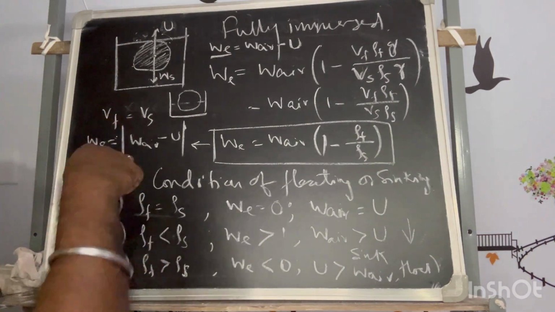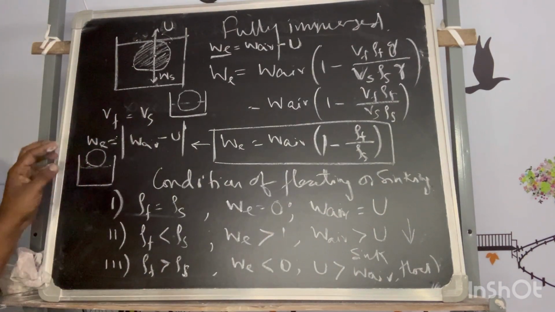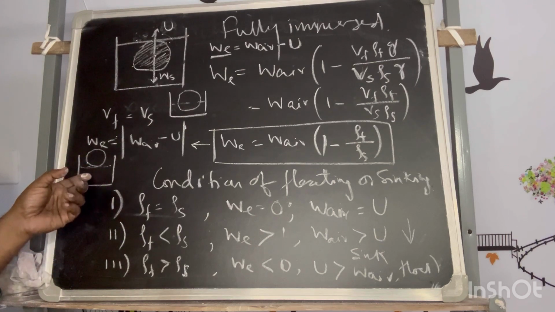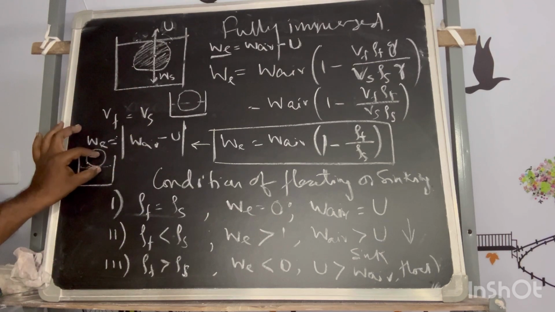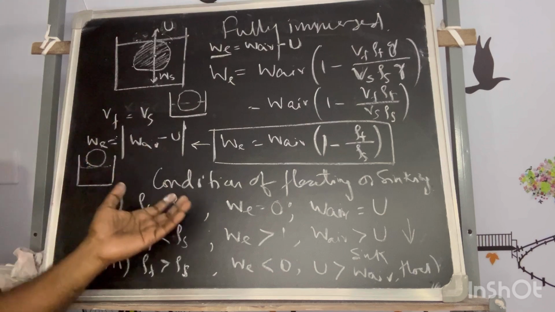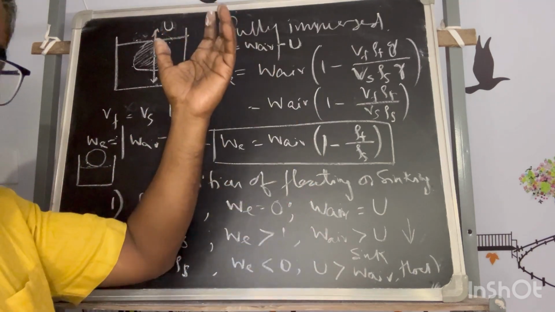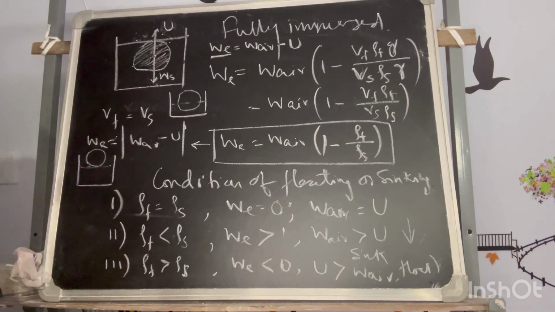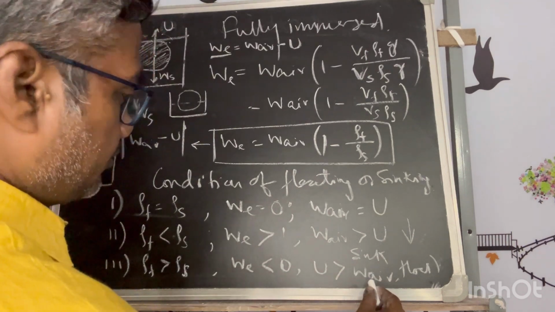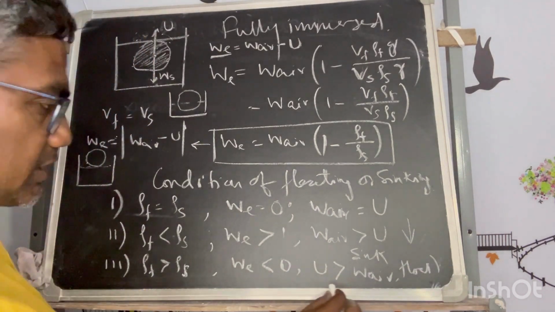It will not be able to go down into the fluid. So this is the ultimate condition, where it will not allow any part of the solid to dip into the water. The upthrust is much more than the weight of the body. So this condition may come, and this is the condition of float.